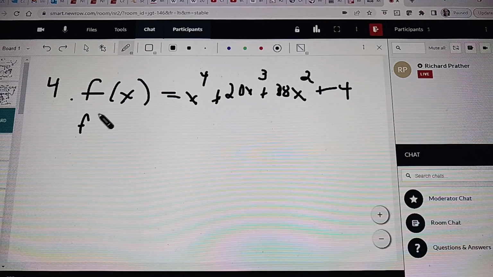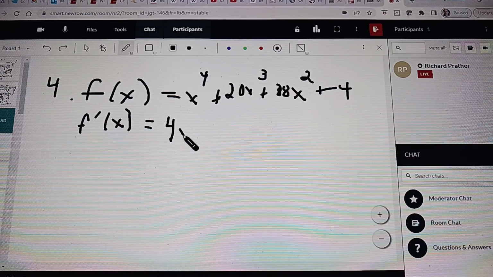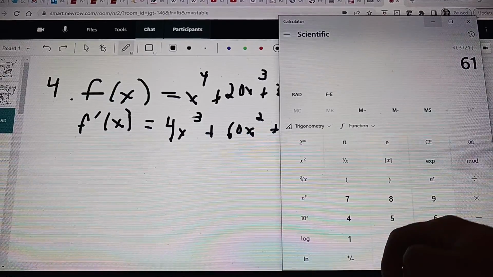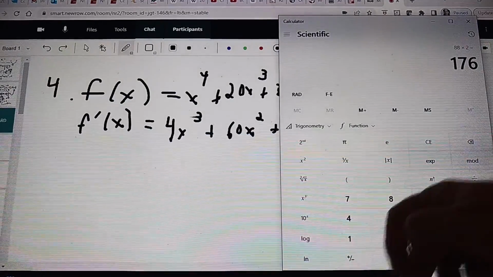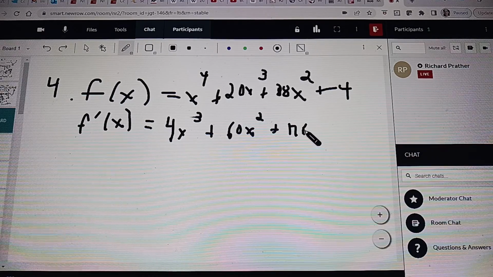So always do the derivative first. This whole chapter, you're going to be finding the derivative and getting the critical numbers on virtually every problem. So 4x to the 3rd, simple power rule there, plus 60x squared, power rule, plus 88 times 2 is 176x.